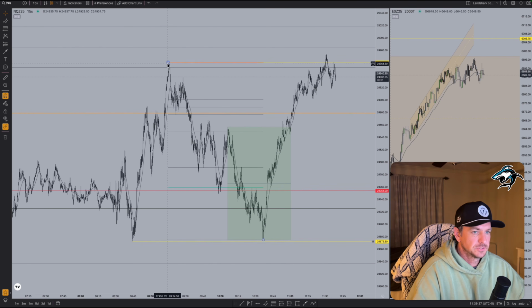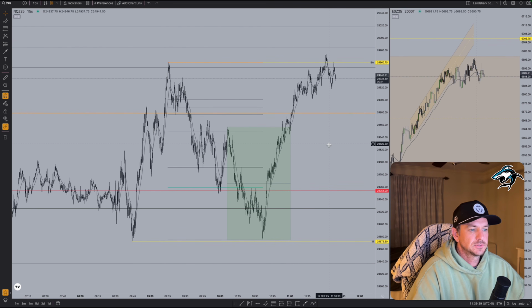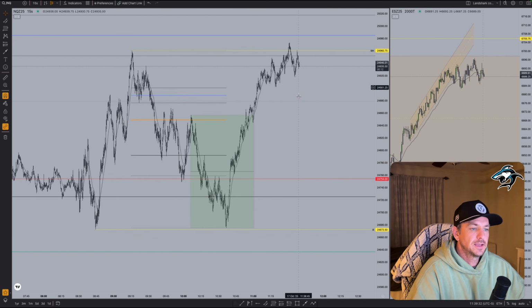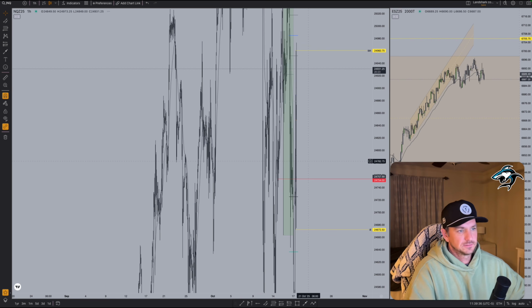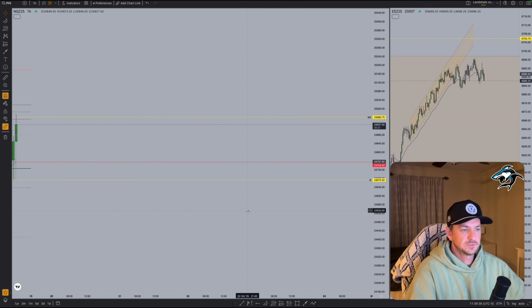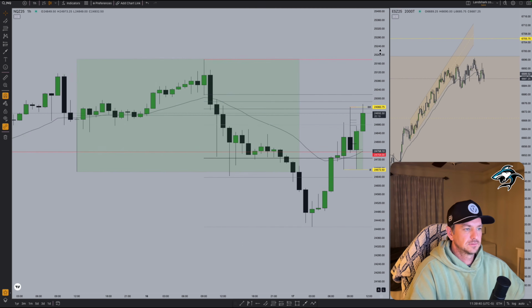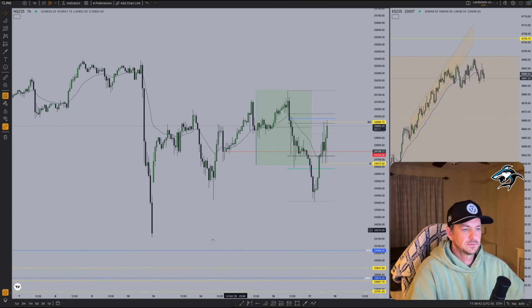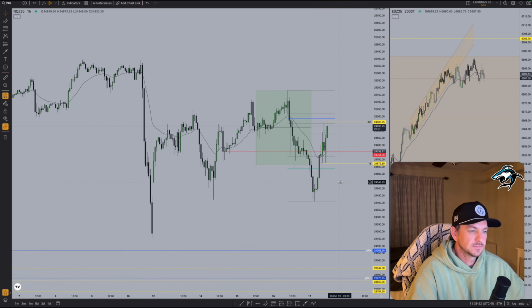But we took out the high, so now we may not get as deep a retracement. But given the market state, we are just going back and forth, back and forth, back and forth. So I wouldn't be surprised to see it get a lot deeper than I'm expecting.